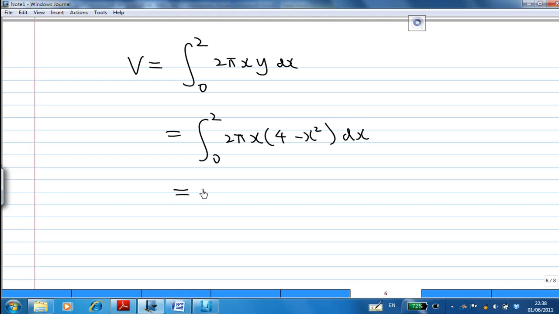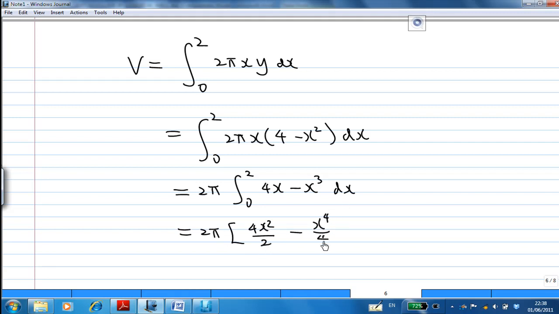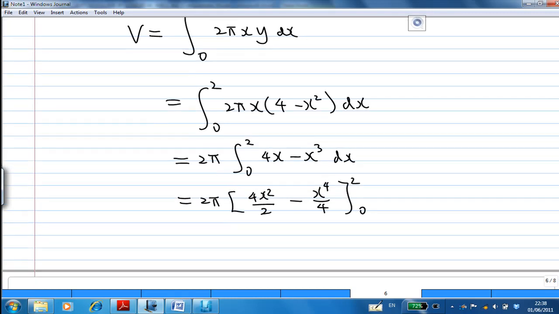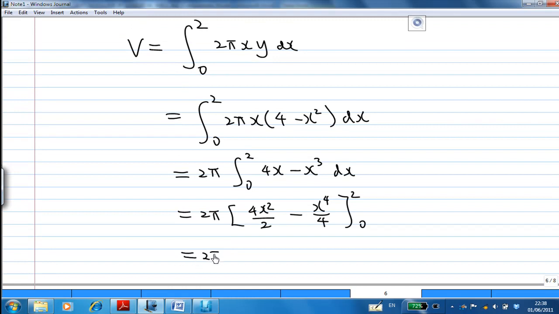So taking out 2 pi, I have 4x minus x cubed, after I multiply the x and 4 minus x squared. Integrate 4x, I get 4x squared over 2. Integrate x cubed, I get x to the power 4 over 4, with limits from x equals 0 to 2. So when x equal to 2, I get 4 times 4 is 16 over 2 minus 16 over 4.